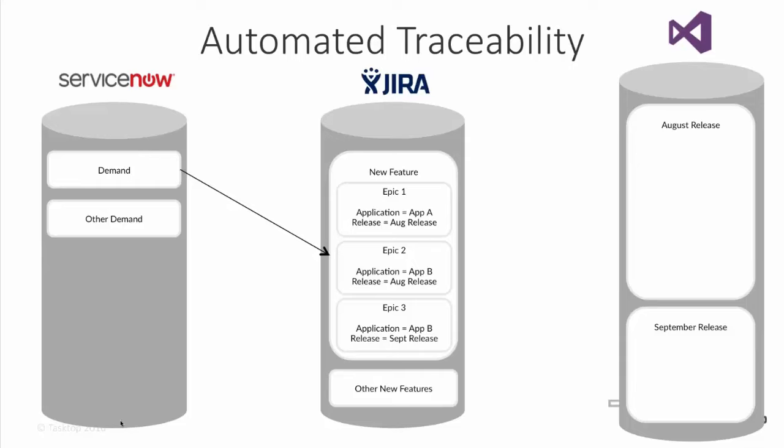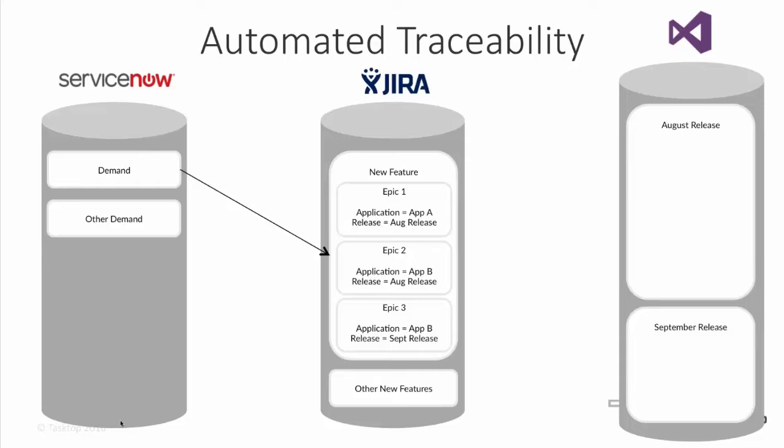But when you start to look at release management and deployment types of tools, those tools don't necessarily care what epics or what features are represented in the code that they're deploying. All they know is that they've got a new version of code that they need to move from environment 1 to environment 2.